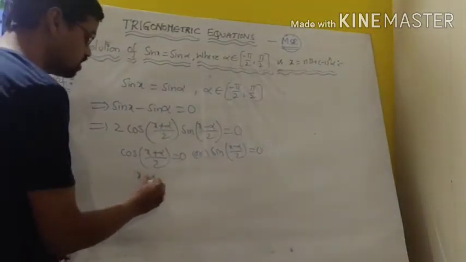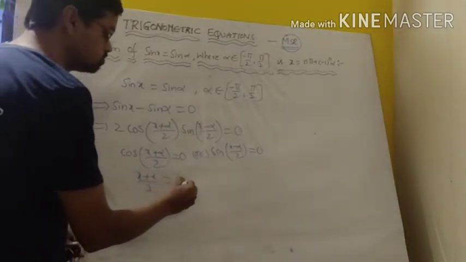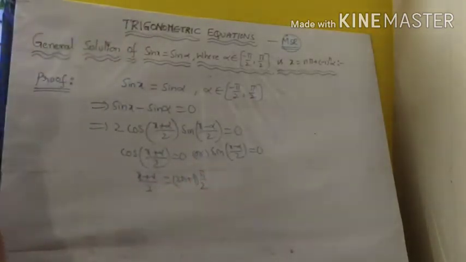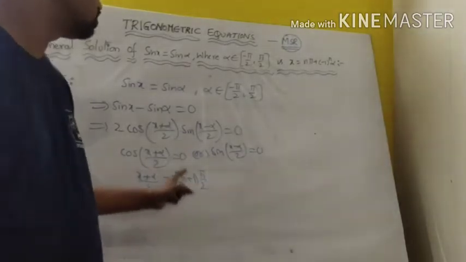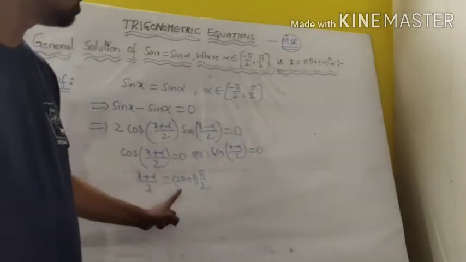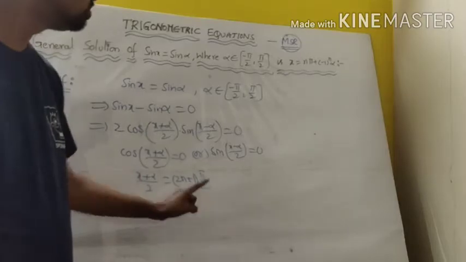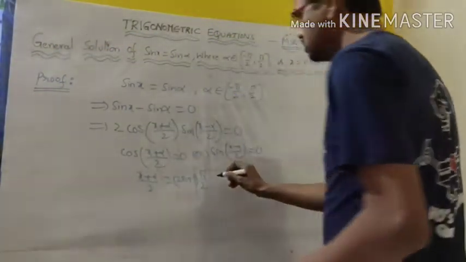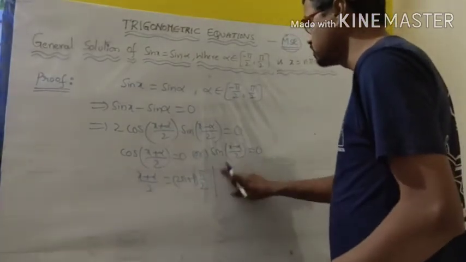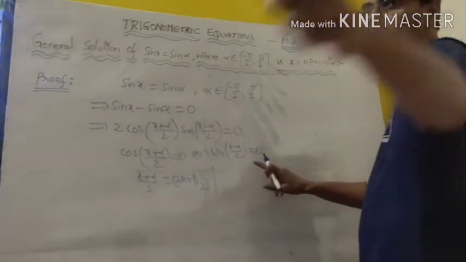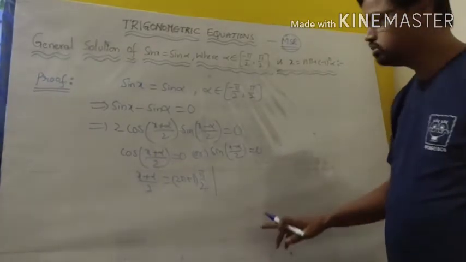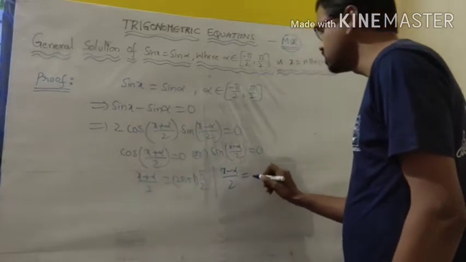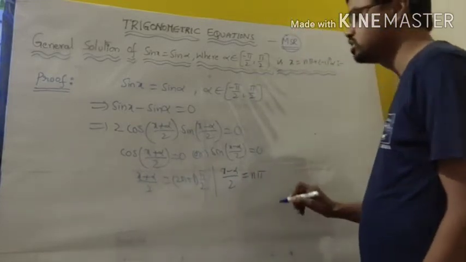So we know that when cos is 0, x plus alpha by 2 is 2n plus 1 into pi by 2, because cos x is 0 at odd multiples of 90. Similarly, when sin of x minus alpha by 2 equals 0, we say that x minus alpha by 2 is 0 at all multiples of pi.